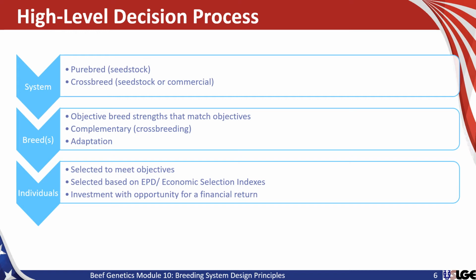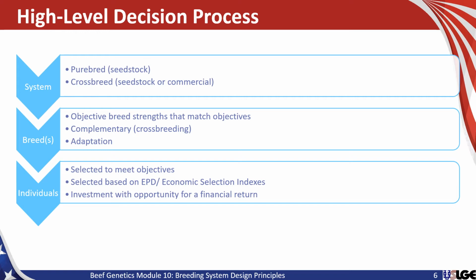You also have to choose breeds that enter into that system, preferably based on objective breed strengths that match the stated breeding objectives, and if crossbreeding, to take advantage of breed complementarity, and of course keeping in mind regional adaptation.